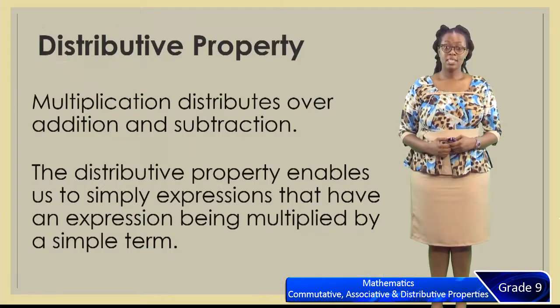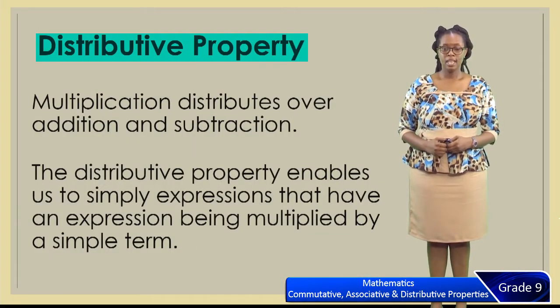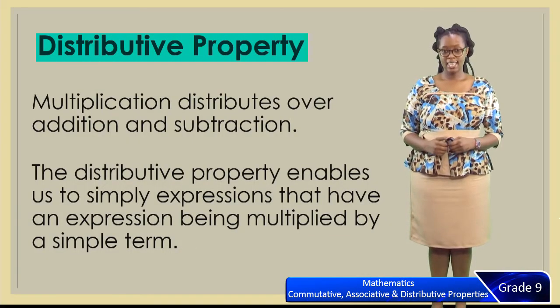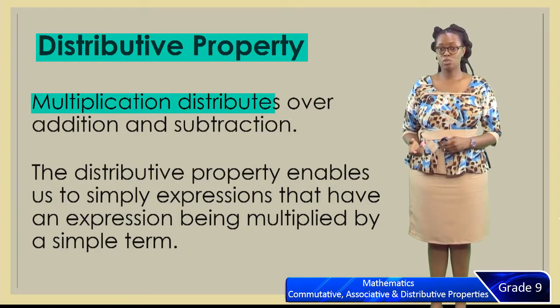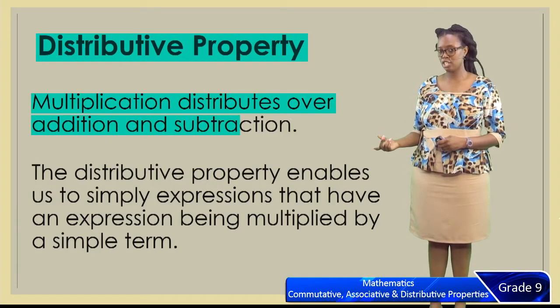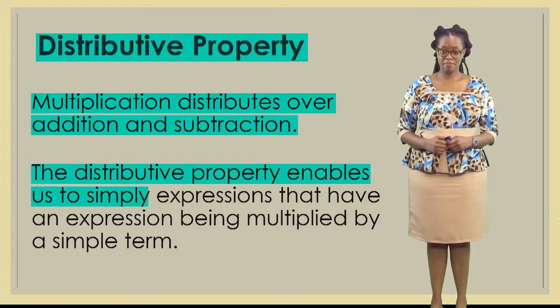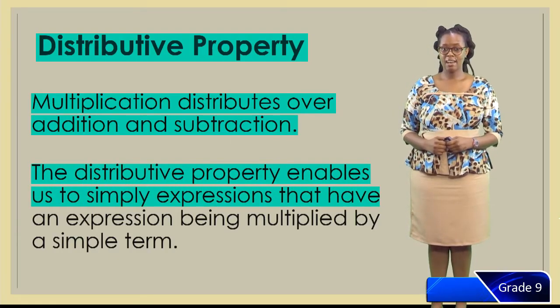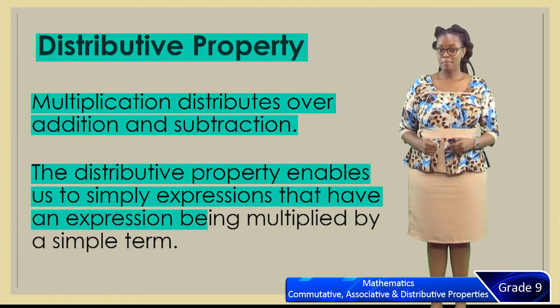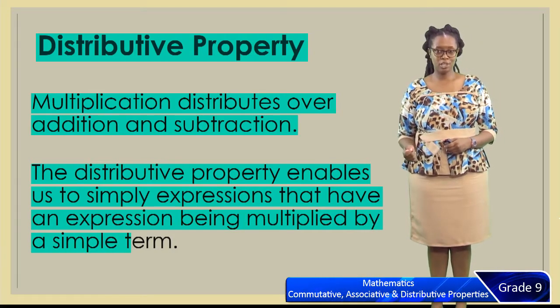The distributive property. The distributive property states that multiplication distributes over addition and subtraction. The distributive property enables us to simplify expressions that have an expression being multiplied by a simple term.